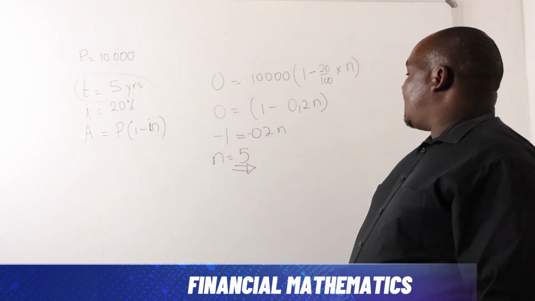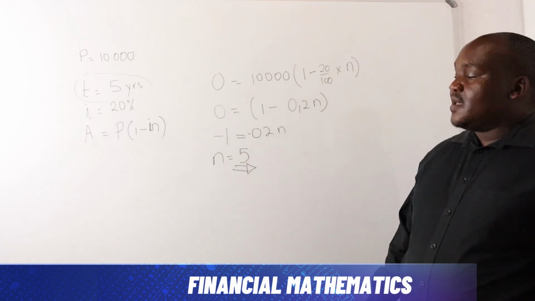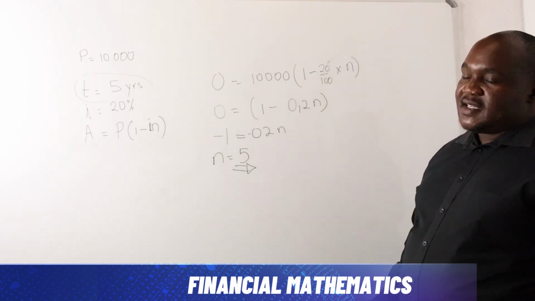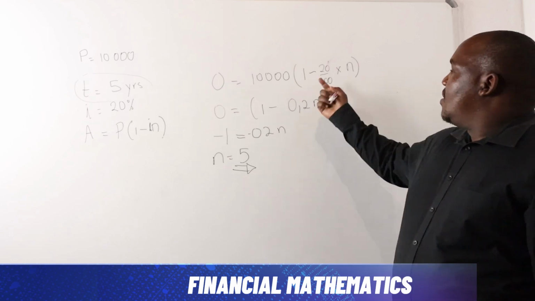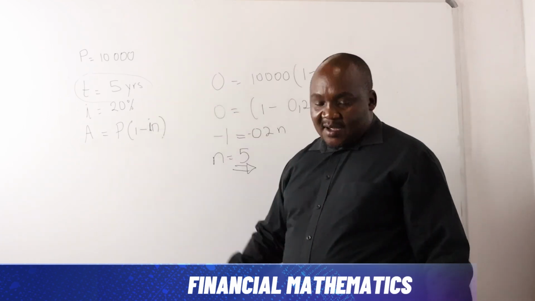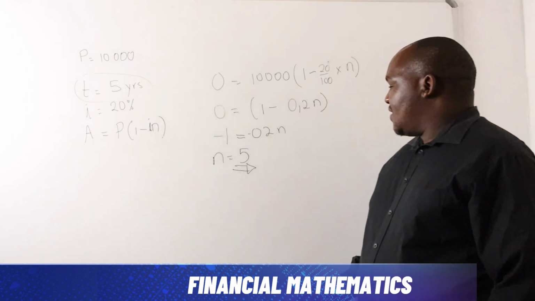So after 5 years, the value of this laptop will be 0 at the depreciation rate of 20%. Therefore, Kuda won't be in trouble because anyway his plan is to replace after 5 years.